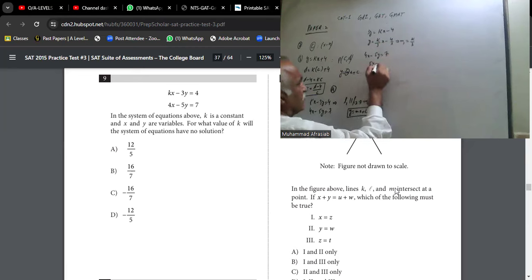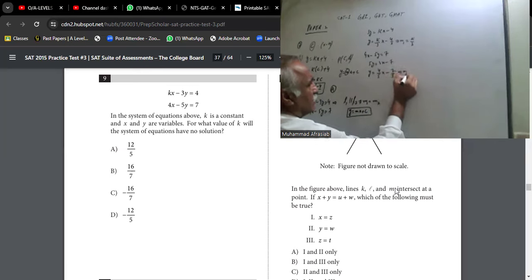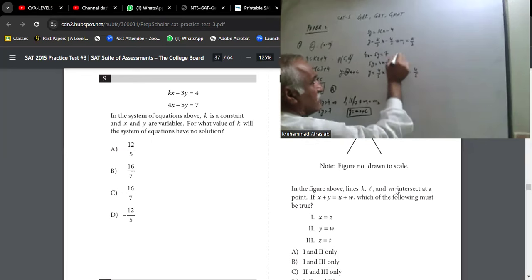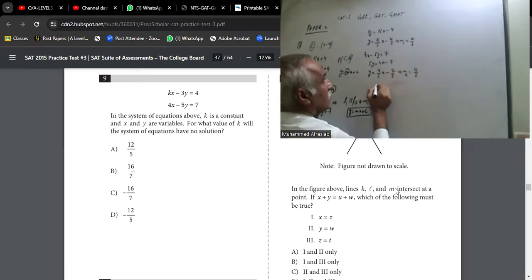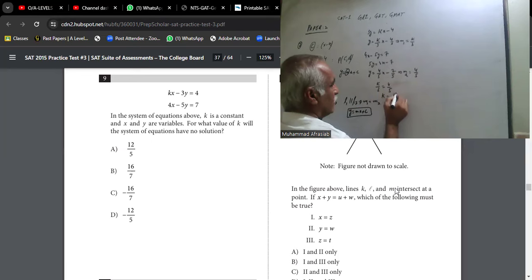So 5y is equal to 4x minus 7, or y is equal to 4 over 5 x minus 7 over 5. So from this equation, the slope of this line is 4 over 5. Since these two are equal, k over 3 must be equal to 4 over 5. Our k value is equal to 12 over 5.